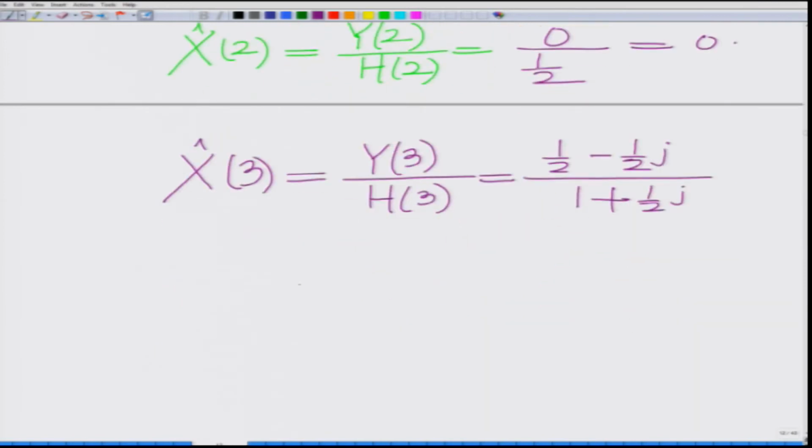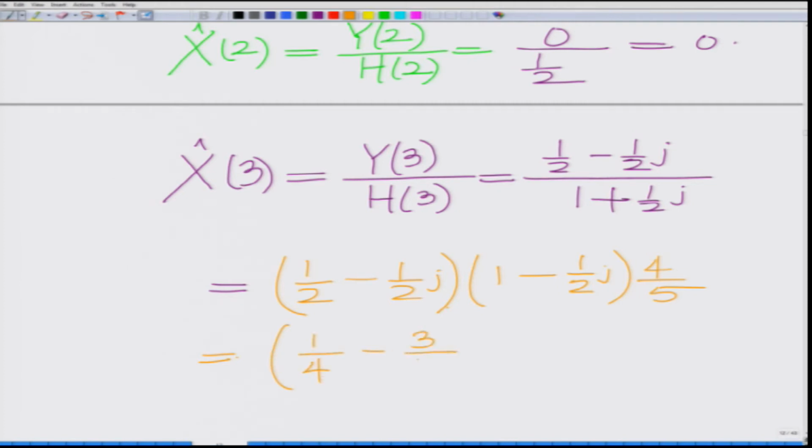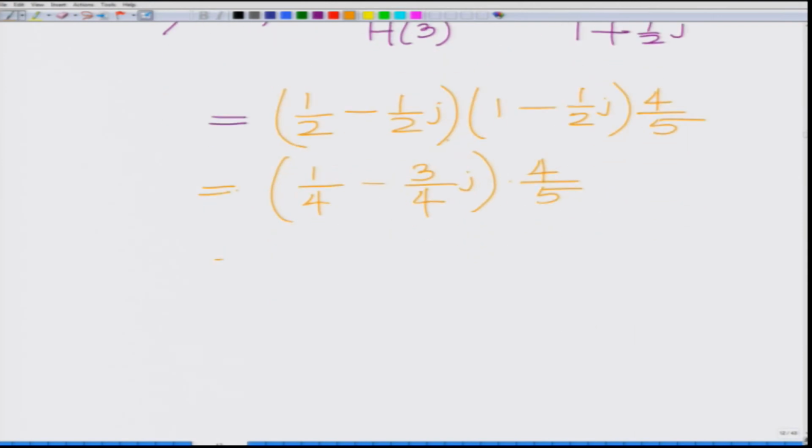Using the properties of complex numbers, this simplifies to half minus half j times 1 minus half j into 4 by 5, which equals 1 by 4 minus 3 by 4 j into 4 by 5, which equals 1 by 5 minus 3 by 5 j.